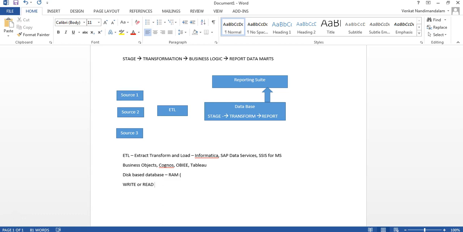So when you are reading or when you are writing or when you are applying some logic for that, where all those logical operations are going to happen, those are going to happen in your RAM.